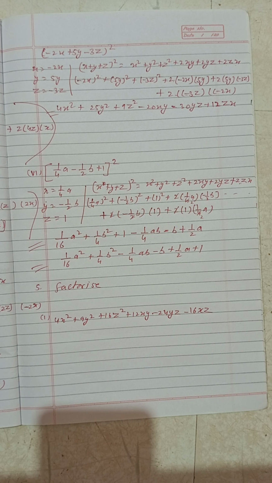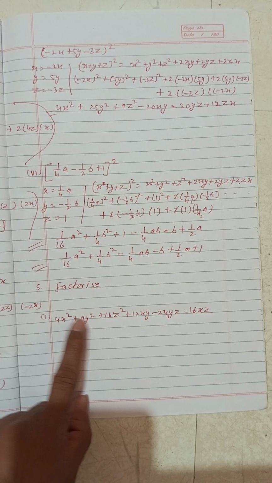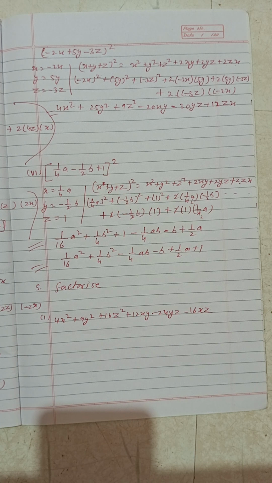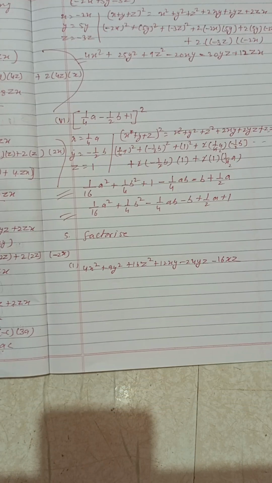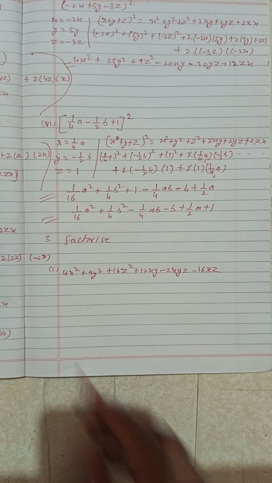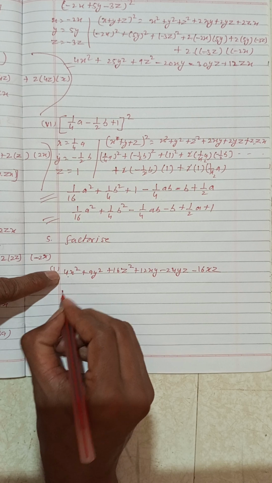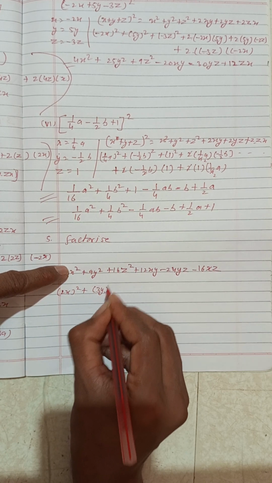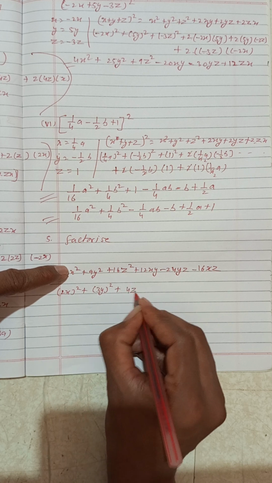It is in the form x square, y square, z square, so it comes under the shortcut of the fourth main type, but we are finding which number will be minus and which number will be plus. We are breaking it into parts first. So we can write this as (2x) whole square plus (3y) whole square plus (4z) whole square.